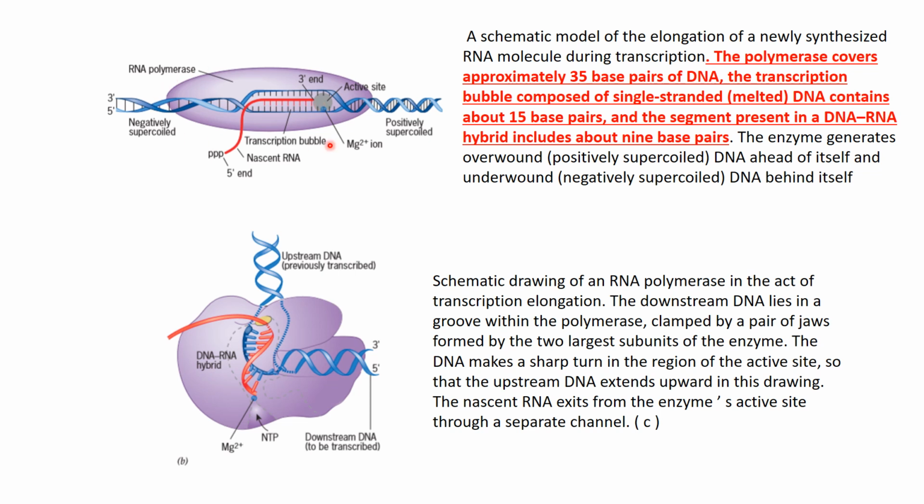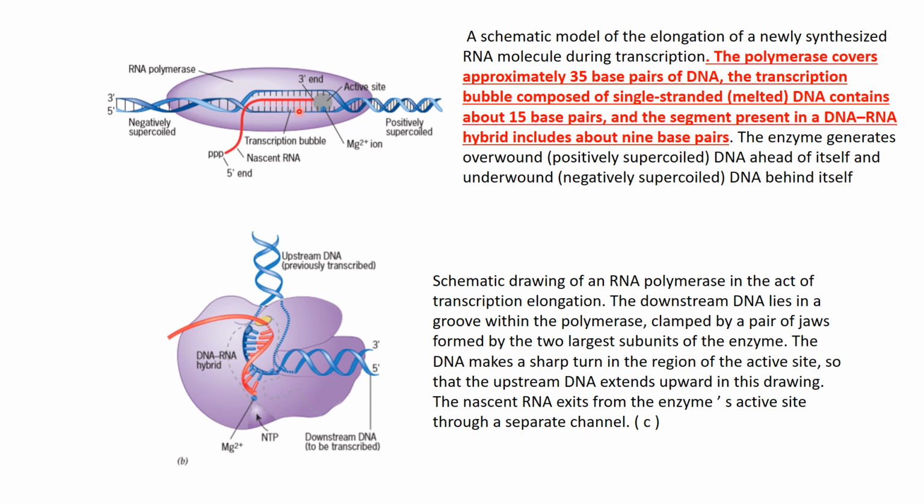So this is the schematic model of transcription. Again, I will just revise. This is the DNA double helix. This is the coding strand. This is the template strand. The direction of movement of RNA polymerase is from 3' end to 5' end of the template strand.